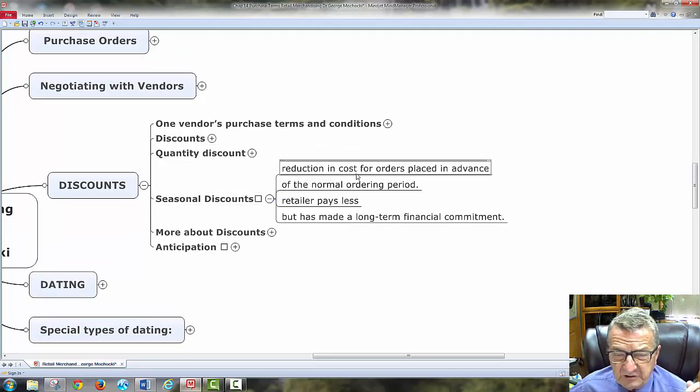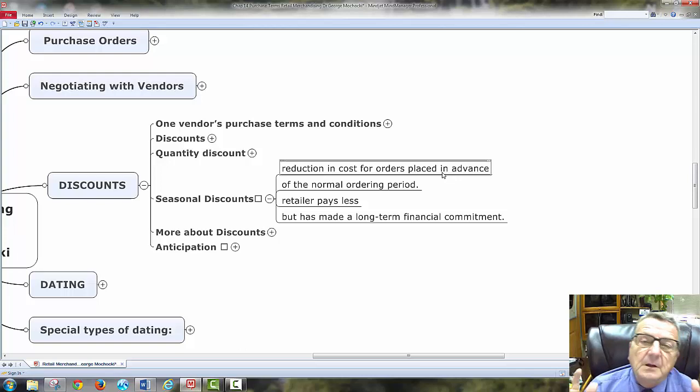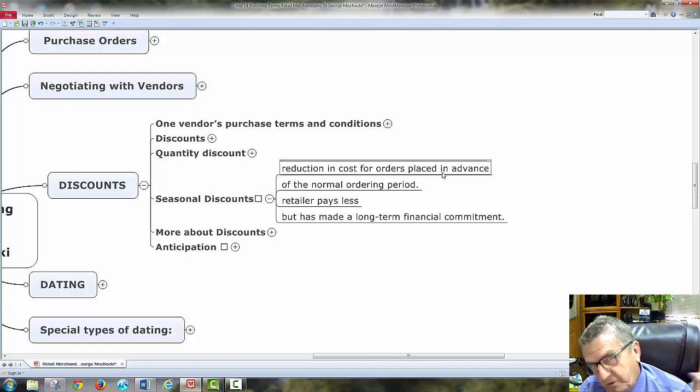Seasonal discounts, reduction of costs for goods placed in advance. The manufacturers already produce the winter coats or the summer line outfit. They have it in the warehouse. If I could place an order in advance, I will give you a discount. Now, you can place an order. 2 things happen. You can transfer it to me, and then I take the ownership. We're going to find that out.